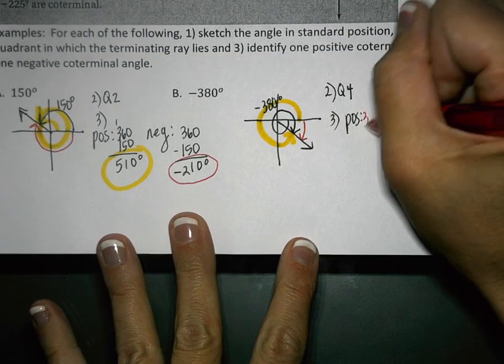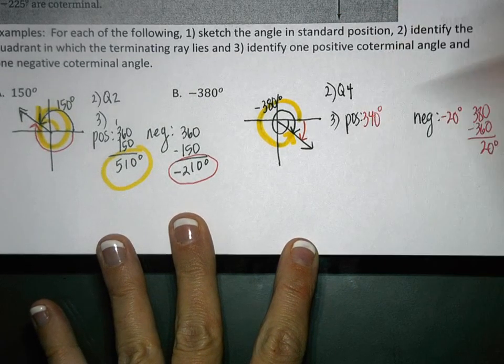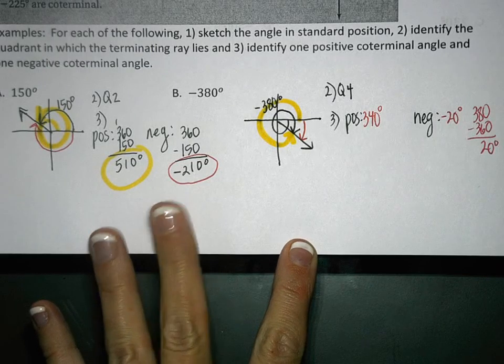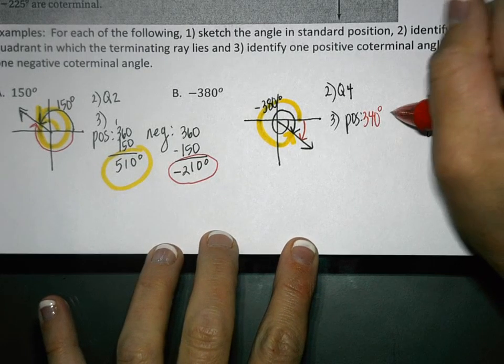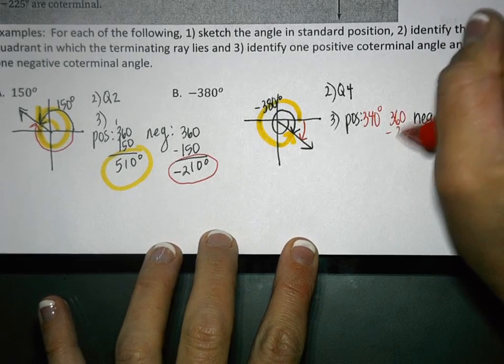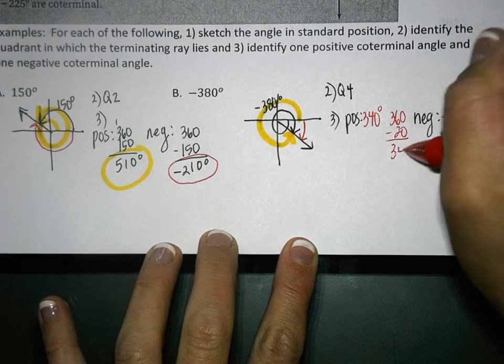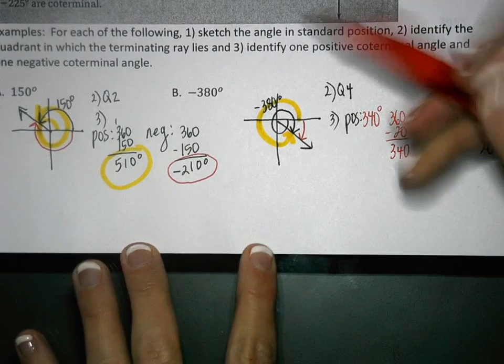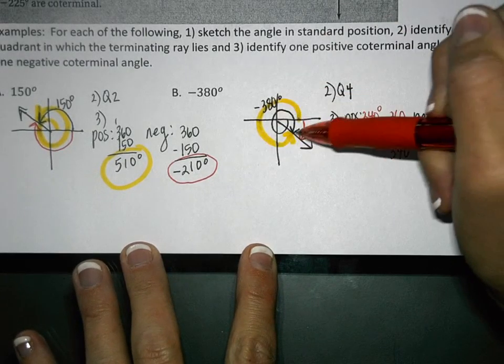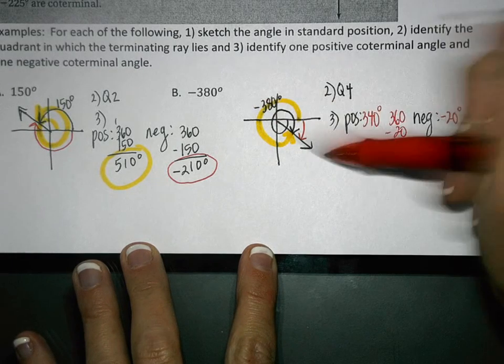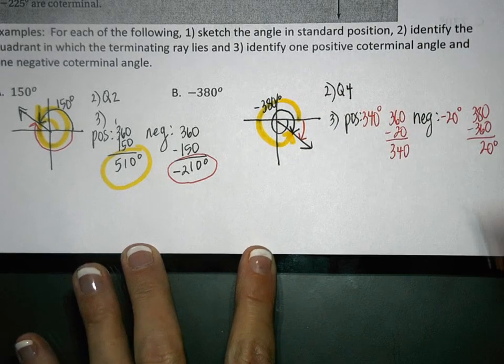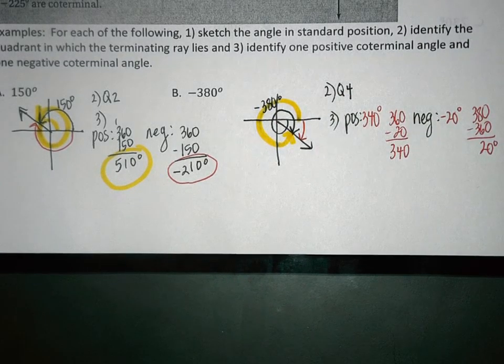So a positive coterminal angle is 340 degrees. Again, I take 360 minus 20, and I get 340 for my positive. So starting here and going around, I can hit that same terminating side for 340 degrees.